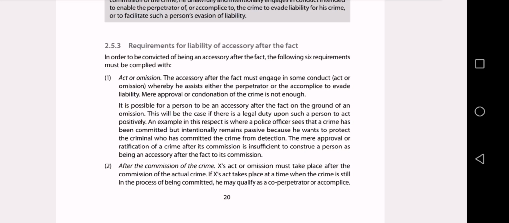The mere approval or ratification of a crime after its commission is insufficient to construe a person as being an accessory after the fact to its commission.